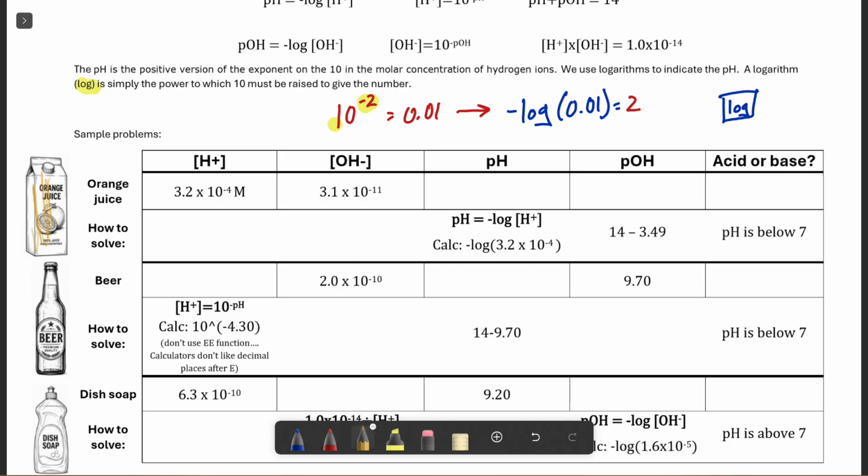So let's look over here at my orange juice. What is the information that I know? Well, I've got 3.2 times 10 to the -4th molar concentration of hydrogen ions. Notice how that's kind of a messy number.